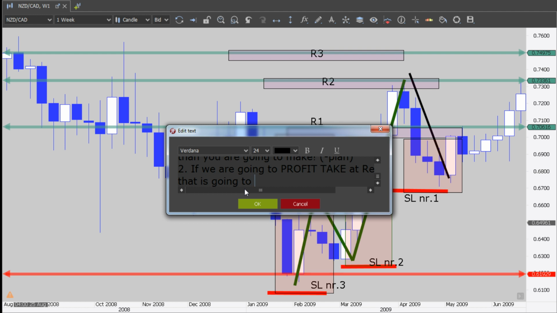If we are going to profit take at resistance that is going to ruin our risk reward ratio, we must re-enter and make the planned risk reward ratio profits.